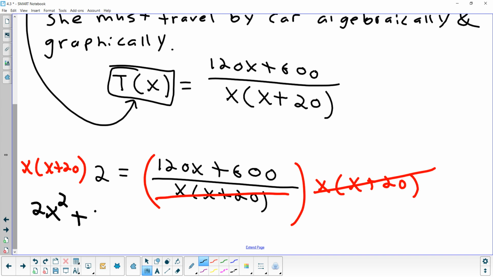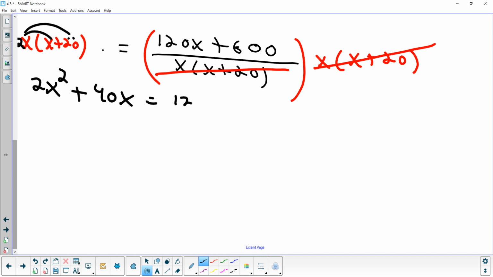Yeah, Jake? Would be x and then x plus 20. So when you distribute both of those, what do you get? Oh, you get 40x. 40x. If you want to stick that 2 in front, think of it like that, that's fine. It's 2x times x and 2x times 20 equals 120x plus 600.